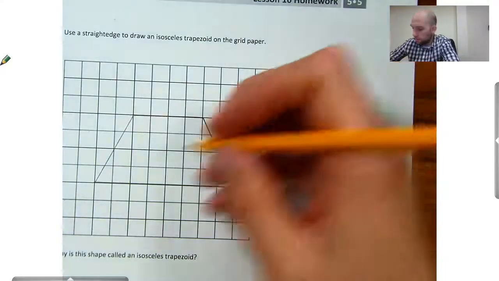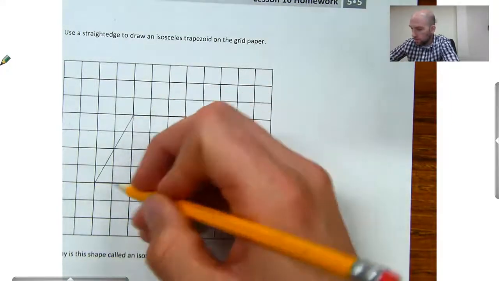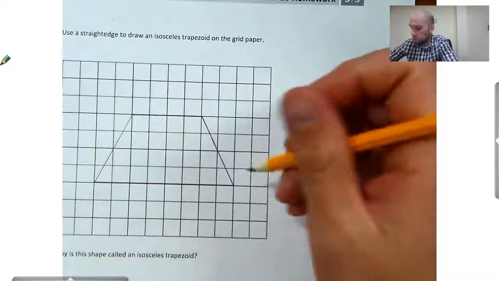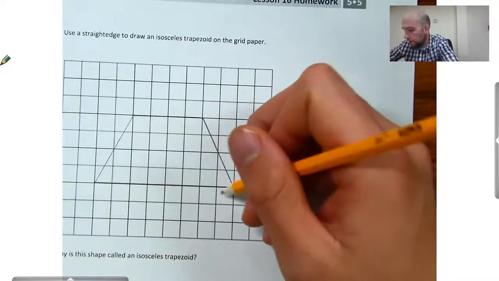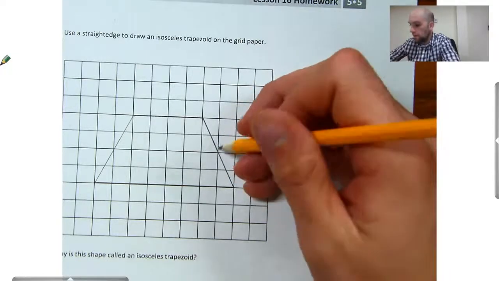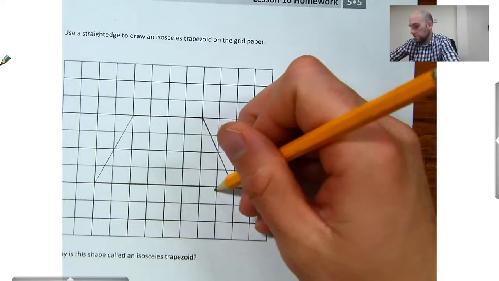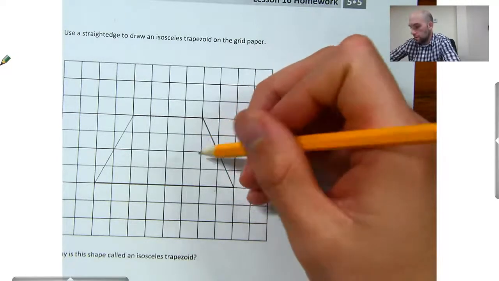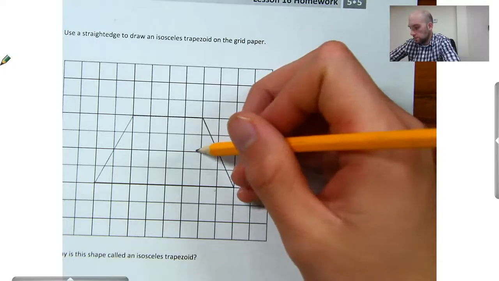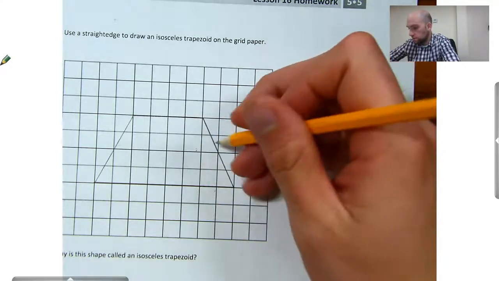And we know that if we look at these right triangles here, we could do a squared plus b squared equals c squared. I could find out exactly how many units this is. I'd have 2 units and 4 units, so I'd have 4 plus 16, which would give me 20.